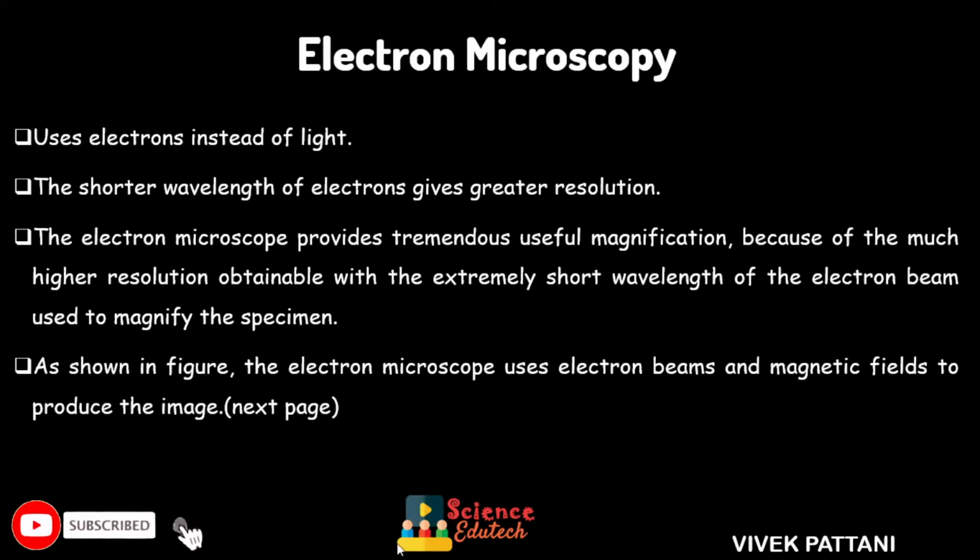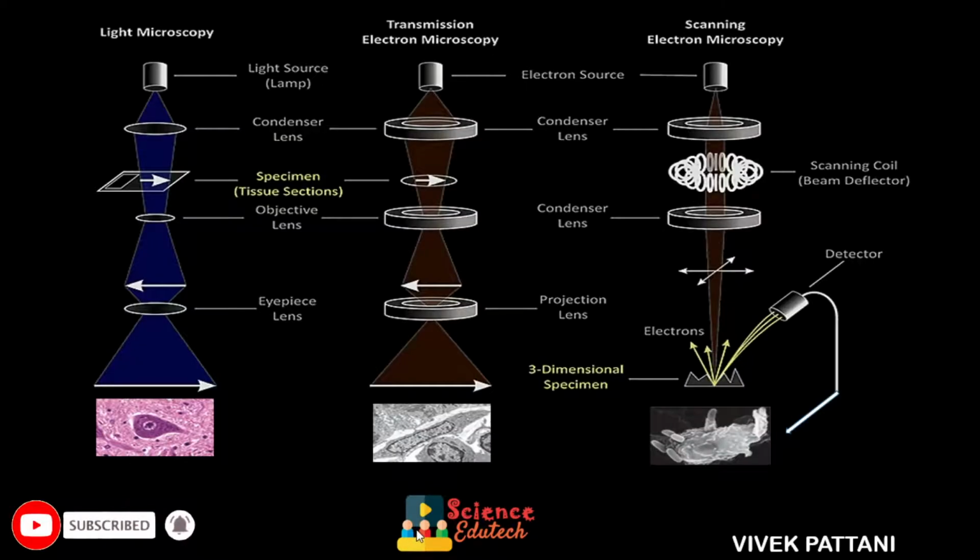Now let me give you some information regarding the instrumentation of electron microscopy. There are several different types, as I told you, but right now I'm going to discuss two: transmission electron microscopy and scanning electron microscopy.